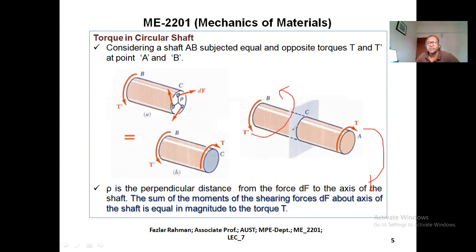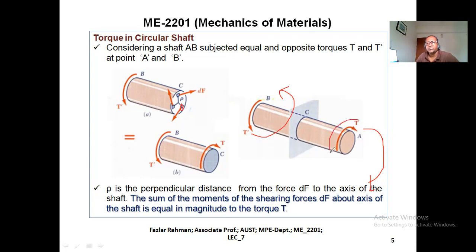If it is made of a brittle material, it immediately breaks down. Now we are imagining why a material breaks down. Because shear force is working. Shear force always works parallel to the cross section, so we think of a small area dA over here, expressing a shear force.